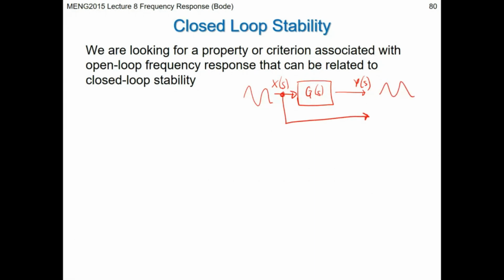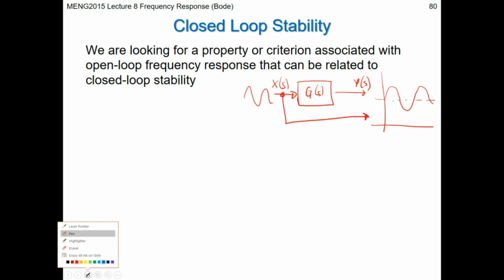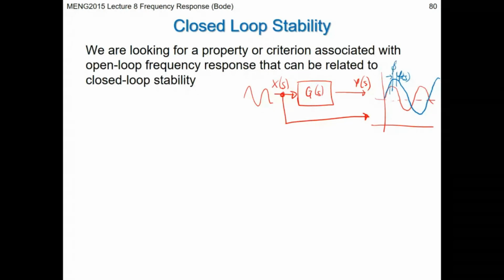If we compare the two, we might have an input sine wave like this and an output sine wave kind of like this. You notice it has a larger magnitude and a slight phase shift, phase shift phi.